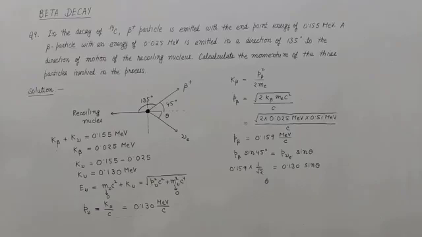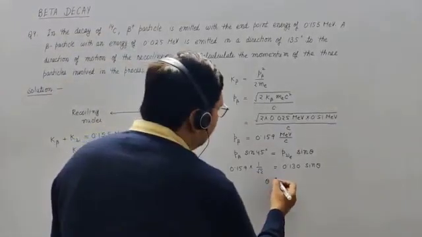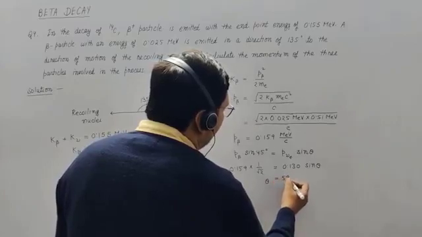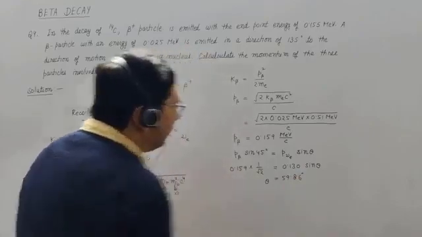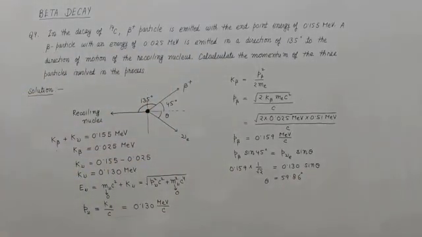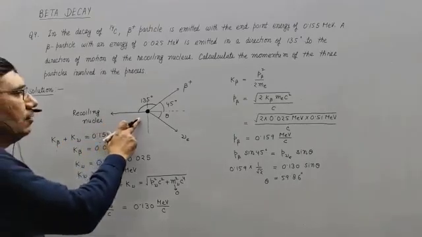This comes out to be 59.86 degrees. This is the value of theta. With the help of this angle, we can find the momentum of the recoil nuclei.